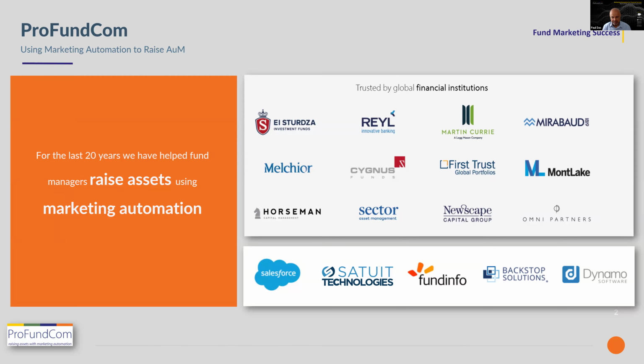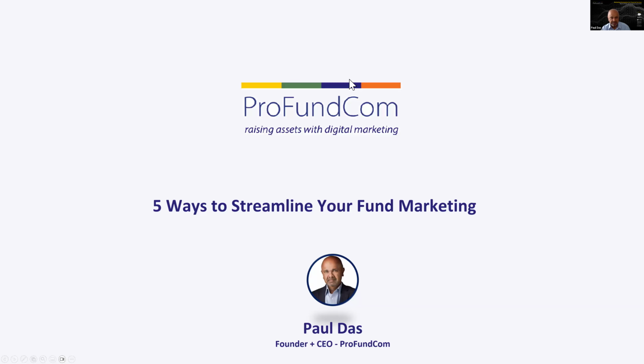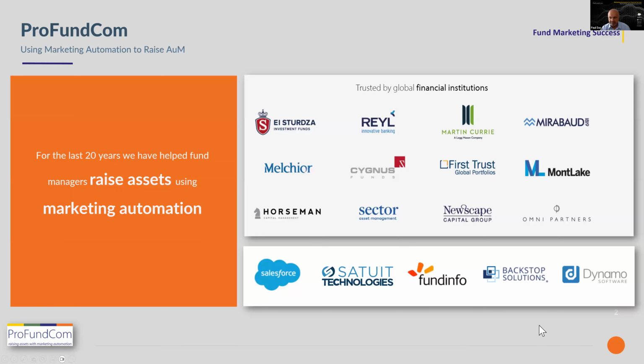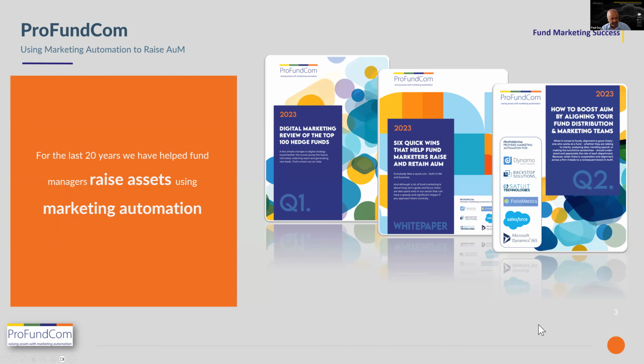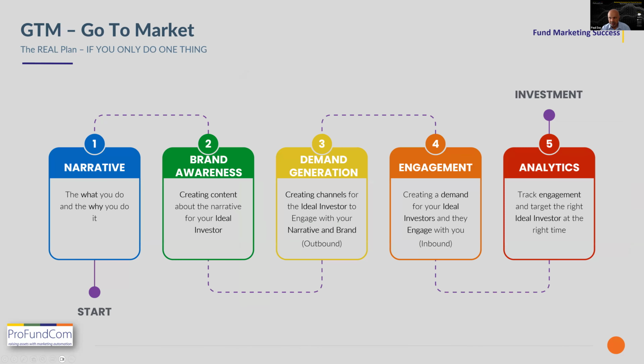We integrate with all CRMs that are available, and we use that data to push out marketing content, whether that's social, email, portal, or website, and bring that all together in one place. We also produce quarterly reports around the state of the market, and every quarter, if you're on our mailing list, you'll get these reports.